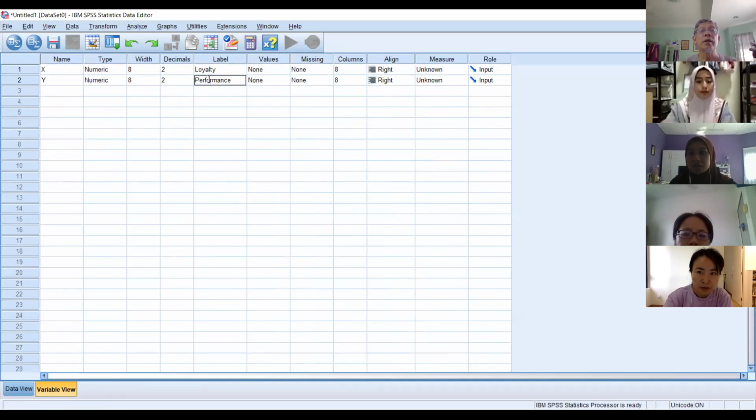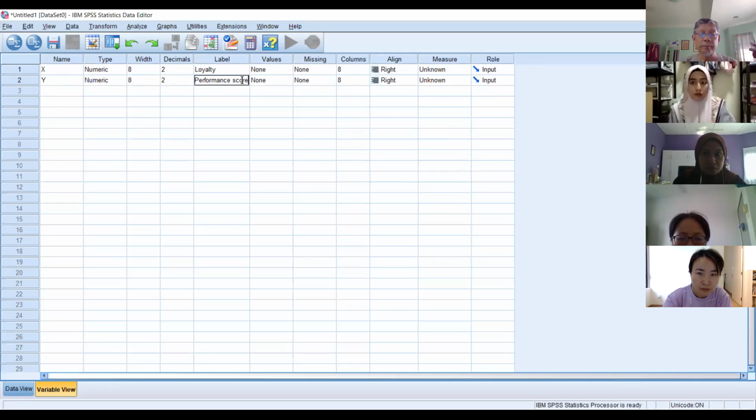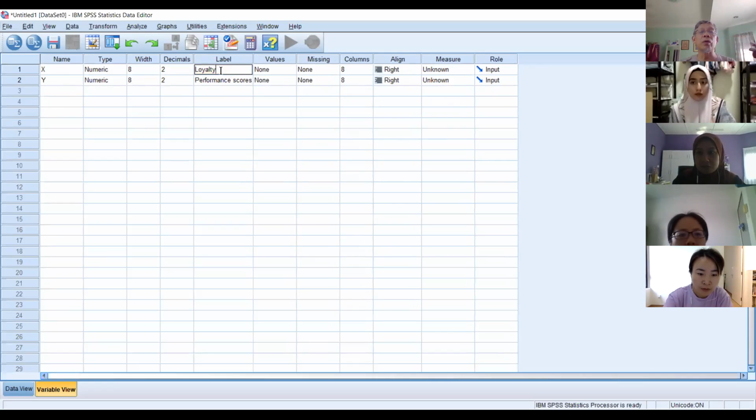Those are the 2 variables, X loyalty, Y performance. Or maybe you want to put scores here, and loyalty will be loyalty score. Okay, and once we have defined the 2 variables, loyalty scores and performance scores, click on data view.